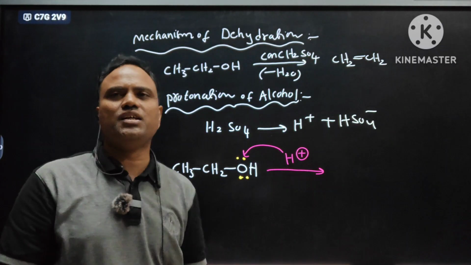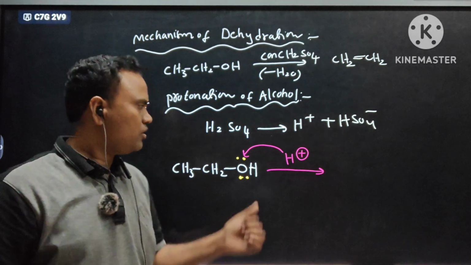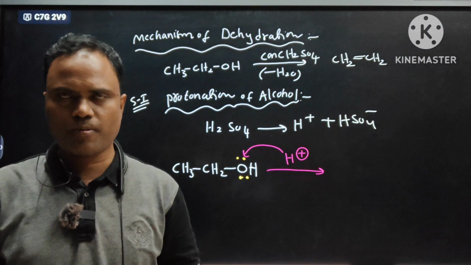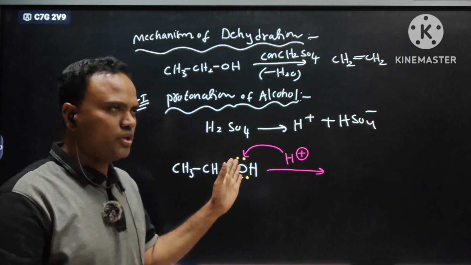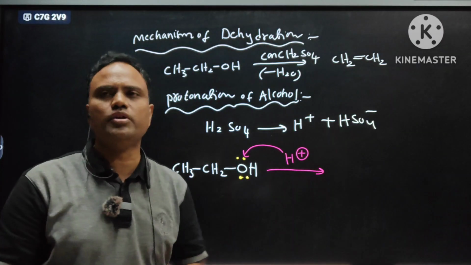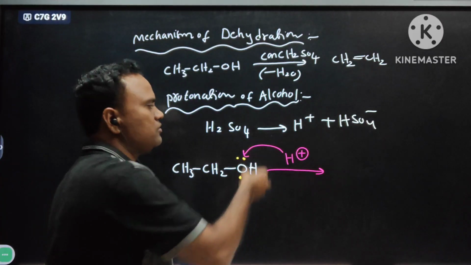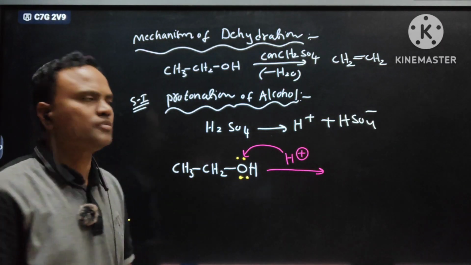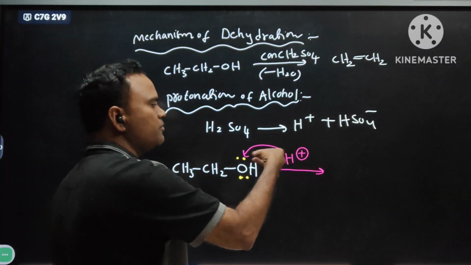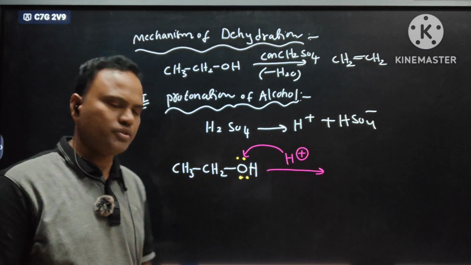H plus is electron deficient, and oxygen is carrying extra electrons. So oxygen donates one pair of electrons to the proton. We are adding a proton to alcohol; this is called protonation.